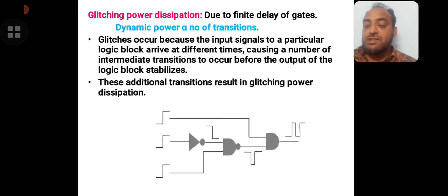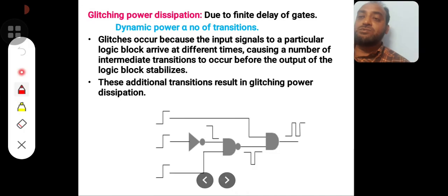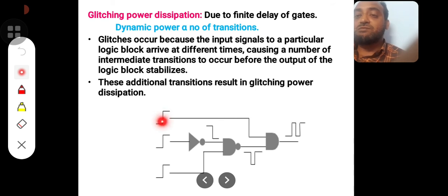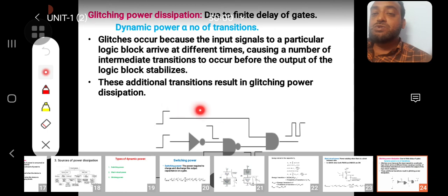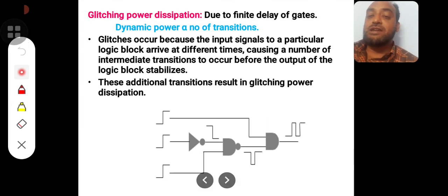The third and final type of dynamic power dissipation is glitching power. This glitching power happens because of the path delay of various signals. See, in this example which we have taken, all the inputs are taking a transition from 0 to 1. When the first input takes a transition from 0 to 1, that will be present directly at the final NAND gate, because there is no delaying element in the path, whereas the second input has to travel through two gates.